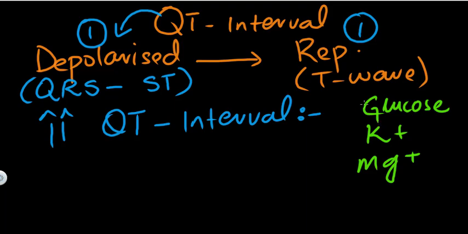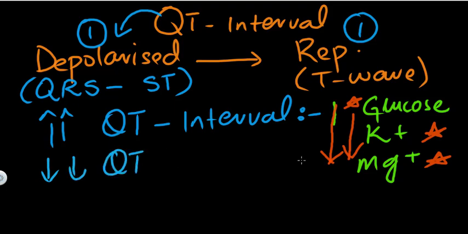So whenever you see a prolonged QT interval, your brain should definitely tell you that there is something wrong with these three things, and these would be low or going down. So you will have hypoglycemia, hypokalemia, or hypomagnesemia.